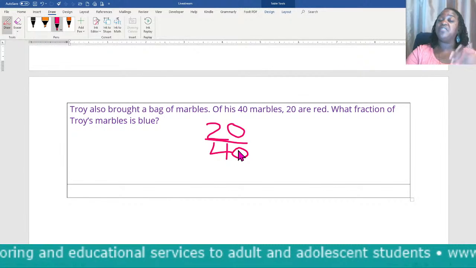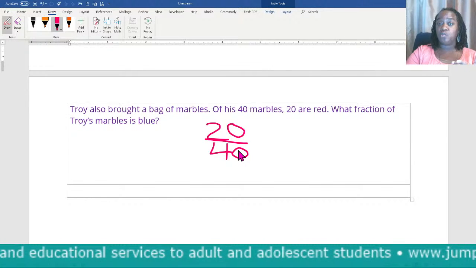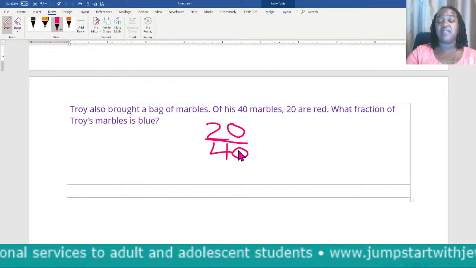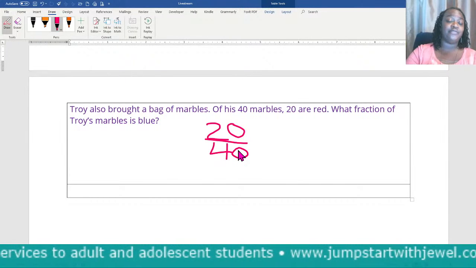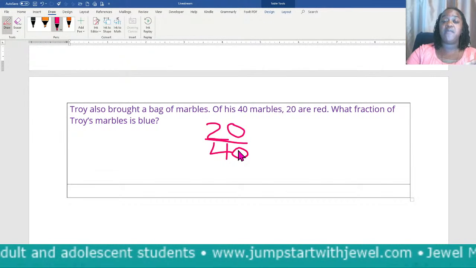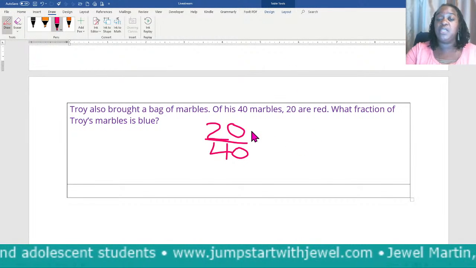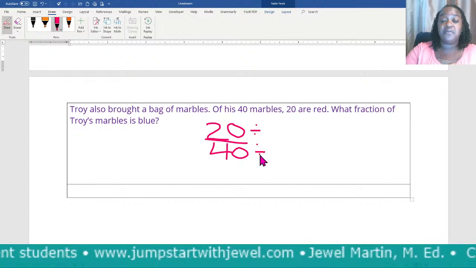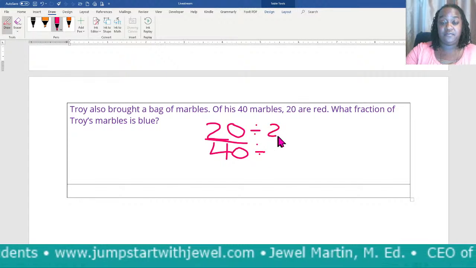If you know your multiplication facts, if you know about 20, 20, 40, 60, or even if you're multiplying, 20 times 1 is 20, 20 times 2 is 40, and so forth. You know that the GCF, the greatest common factor, is going to be 20. So we would divide the numerator and the denominator by 20.